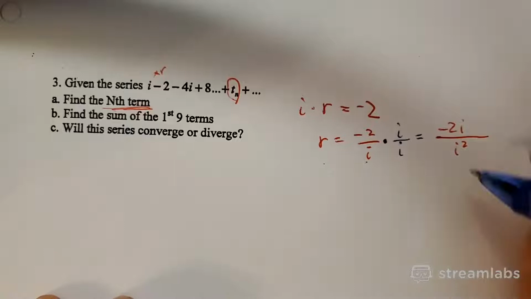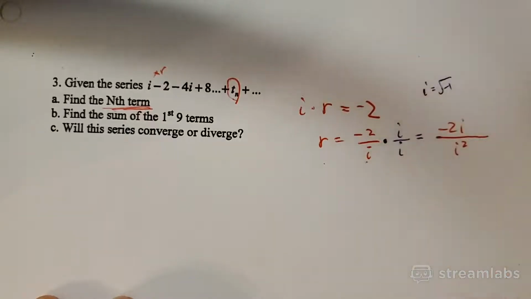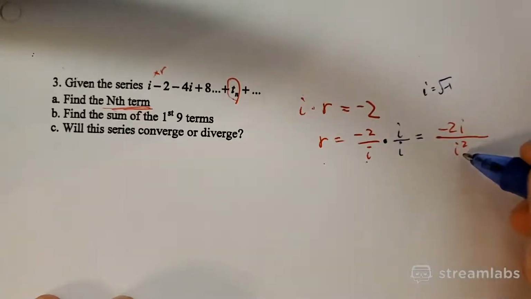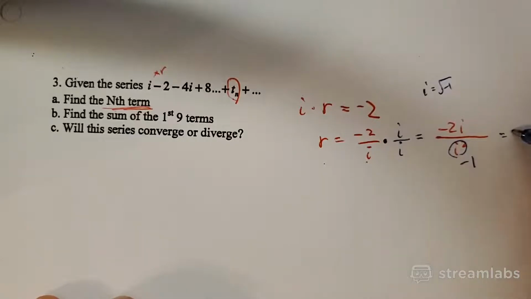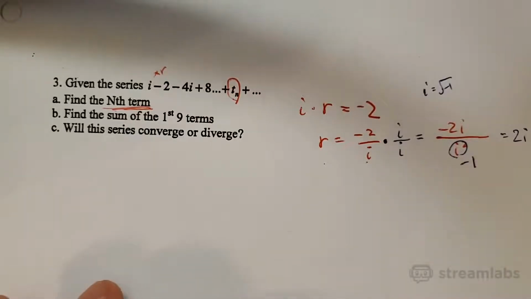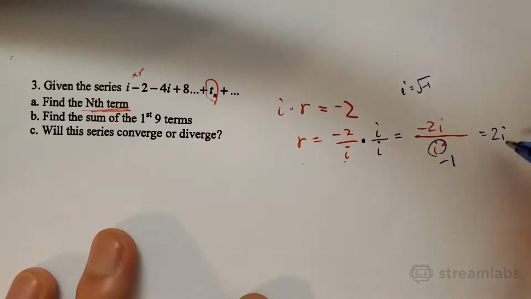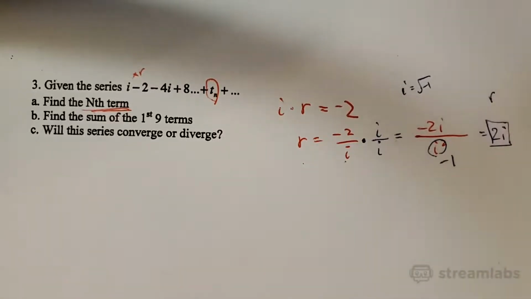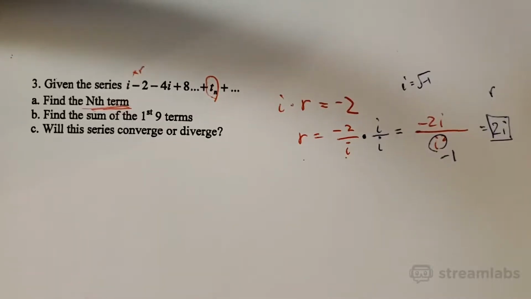I times I, remember I is square root of -1, so squared that gets -1. So this will be 2i. Now this is my ratio. Does this converge or does this diverge? Okay, that's part C. We'll answer that in a bit.